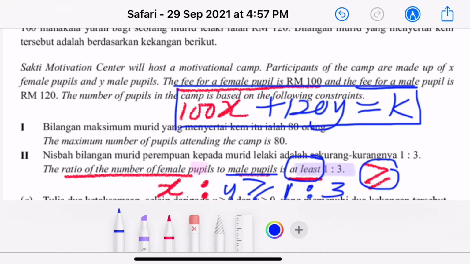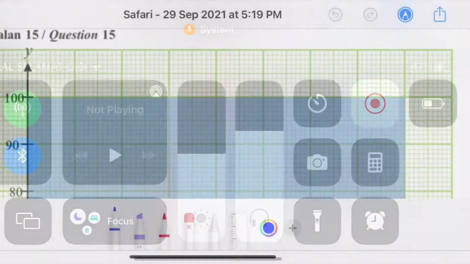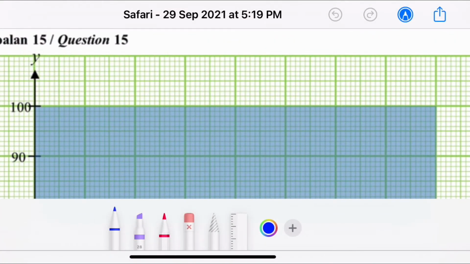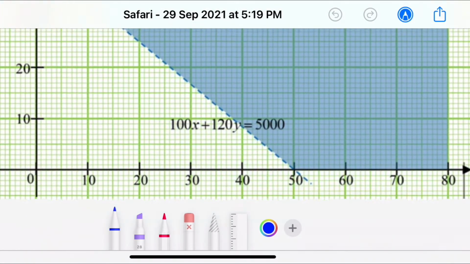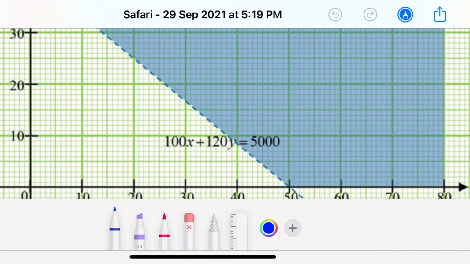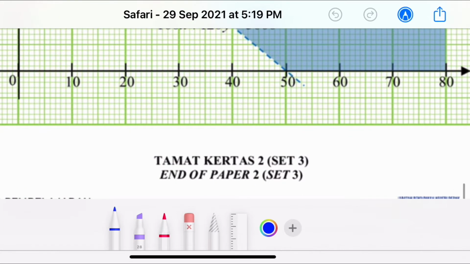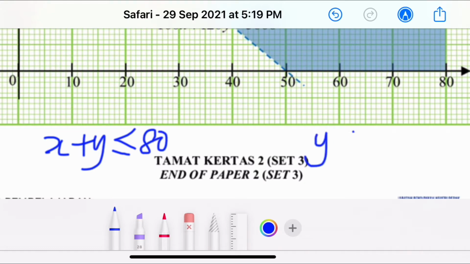Alright, let's have a look at how to determine the 100x plus 120y equal to k. Based on the graph given, we have to complete the graph using the two inequalities that we have: x plus y less than or equal to 80, and y less than or equal to 3x.